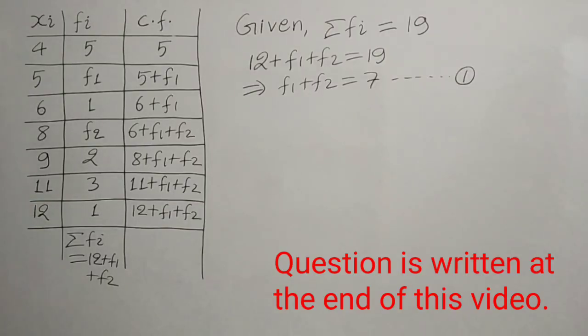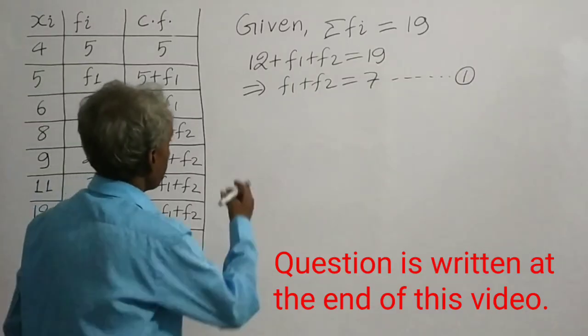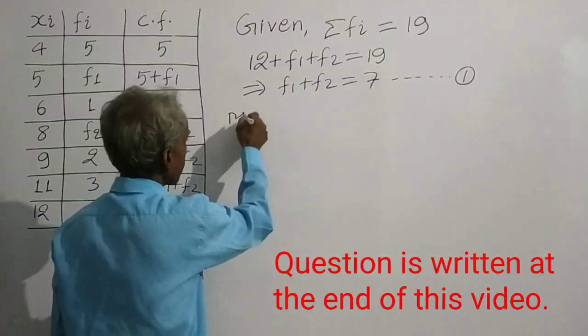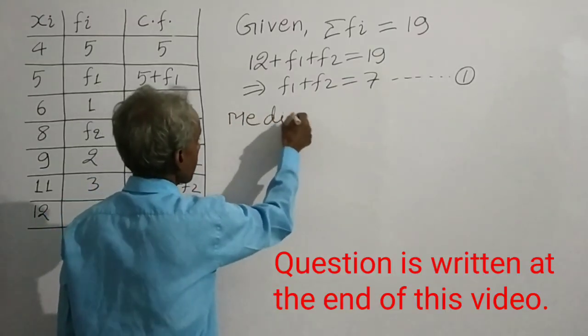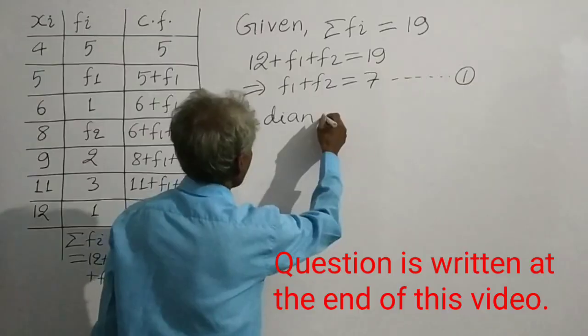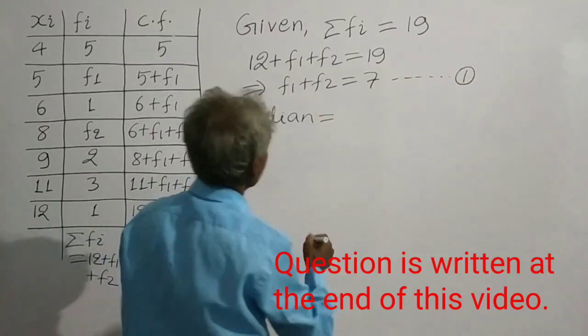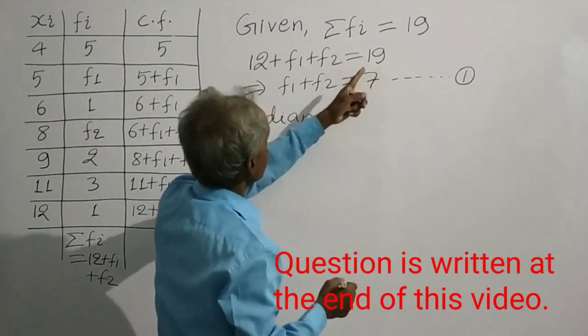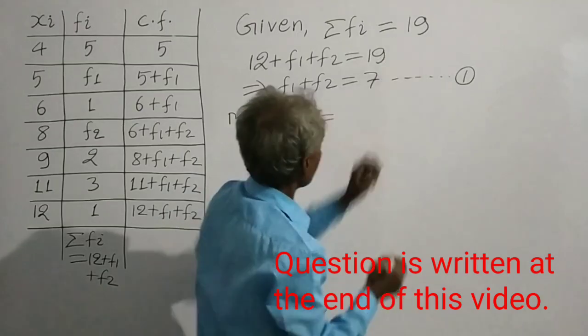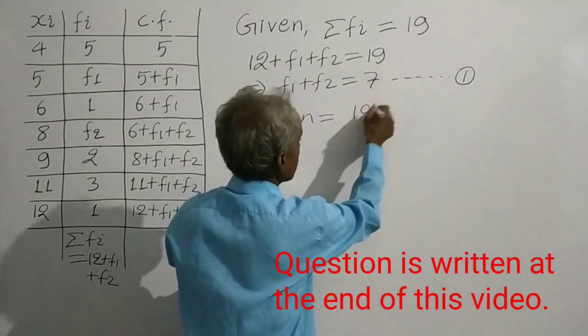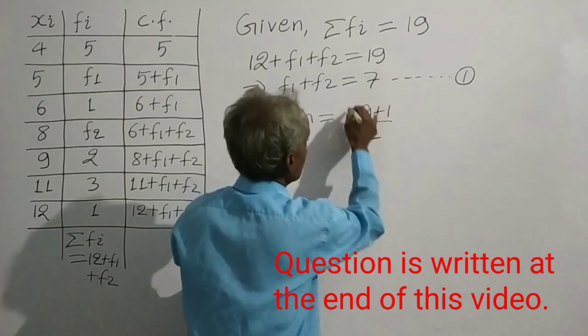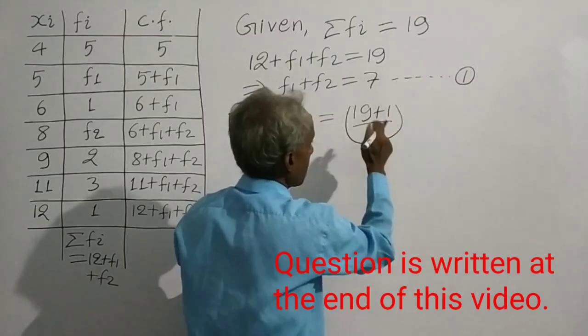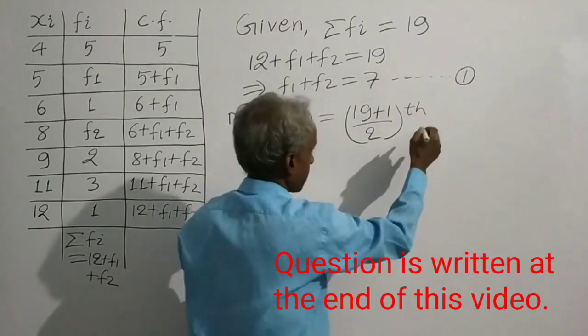Now it is also given that the median is 6. But the median will be equal to the (19 plus 1) by 2th observation.